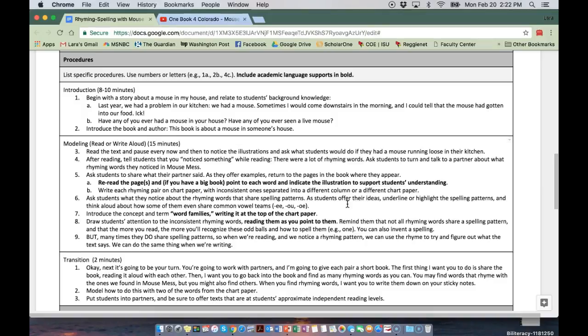As students are talking about what they notice, I'm going to be underlining or highlighting the spelling patterns and thinking aloud. Again, that's the modeling piece. I'm going to be thinking aloud about how some of them even share common vowel teams like EE, OU, right? Like mouse and house, or OE.